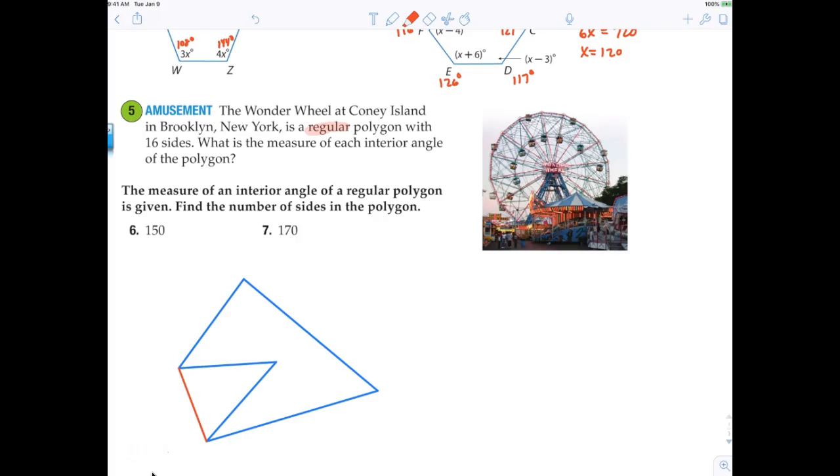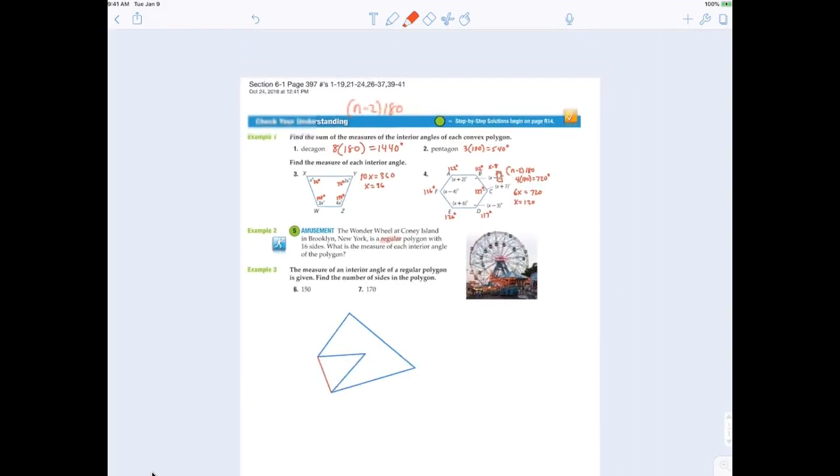Yeah, regular. Now remember, when something's regular, regular just means all the sides are the same, all the sides are congruent, and then all of the angles are congruent. So now, it's real easy. I never really understood why kids had a little bit of trouble with this, trying to memorize this formula. But look, right here.